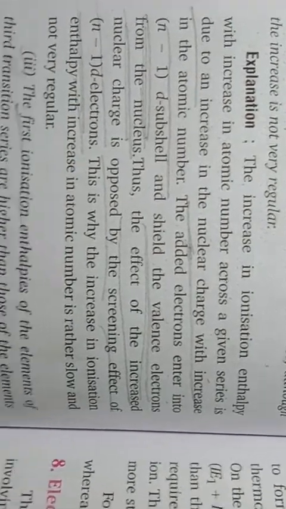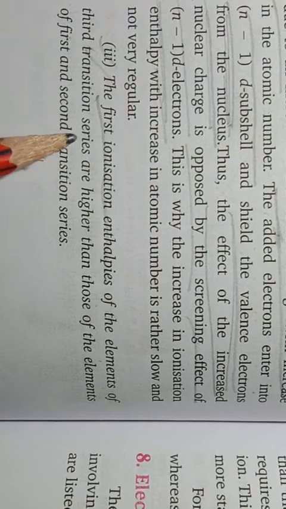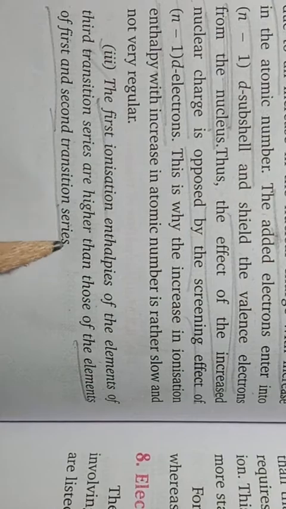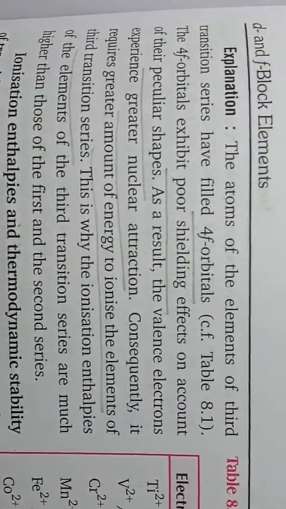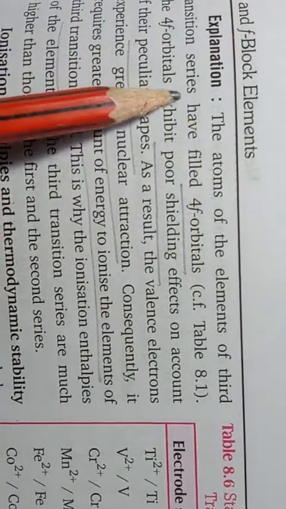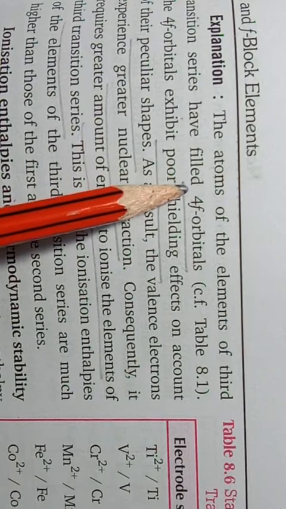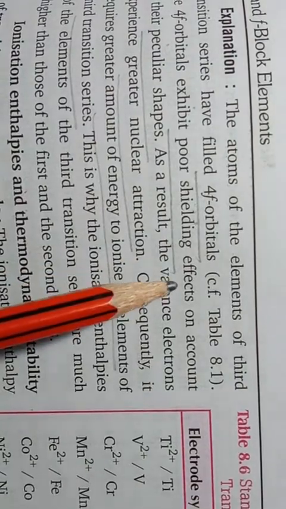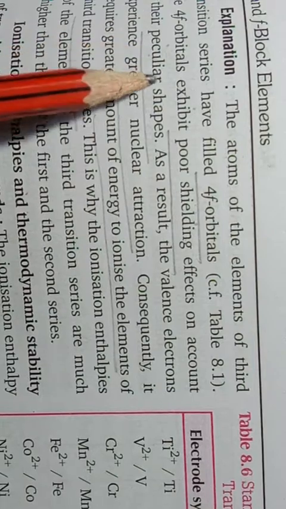Then the third point: the first ionization enthalpies of the elements of the third transition series are higher than those of the elements of the first and second series. Why is this so? Because in the third series elements there are filled f orbitals, and the f orbitals exhibit a poor shielding effect due to their peculiar shapes.